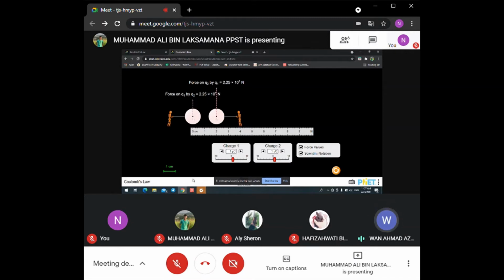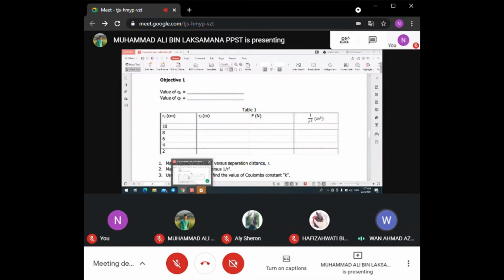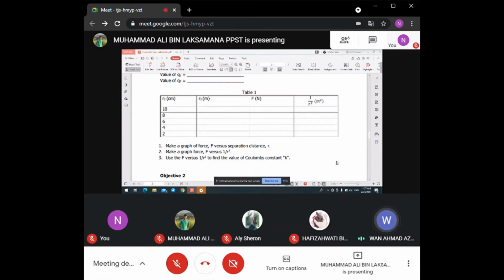For the last part in the table of objective 1, we simply need to use the formula 1 over r squared to find the value. For 10 centimeter, the value will be 100 meter^-2. For 8 centimeter, the value is 156.25. For 6 centimeter, the value is 277.77.